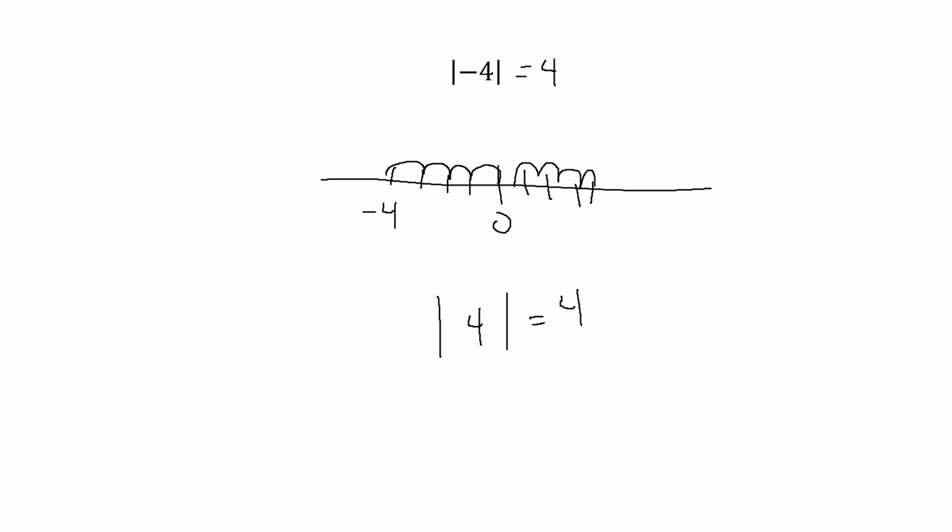I can have two different problems that produce the same answer. Keep that information tucked in your back pocket for a few minutes when we start talking about solving inequalities with absolute values.